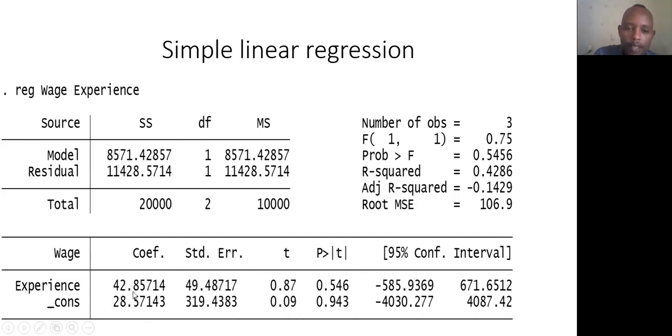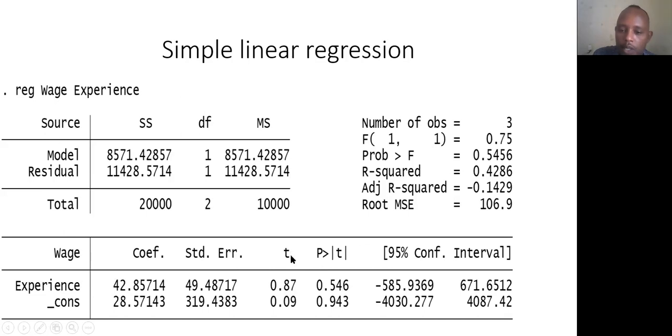Except this point, others are used to test the significance of the model or variable. The t-test is used to test partially the contribution or the significance of individual independent variables. To test the overall significance of the model, we use the F-test.